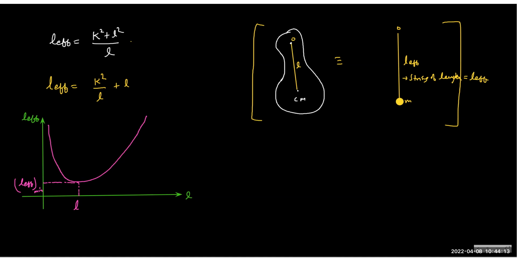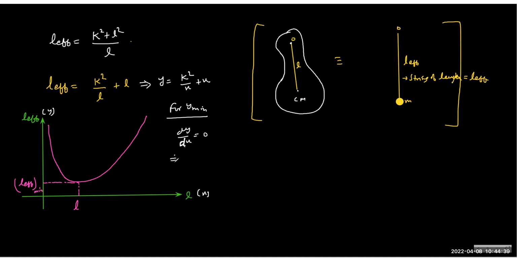To find the L effective minimum, you can think this way. Let's say this is X and this is Y. So this equation we can convert into Y equals K square by X plus X. And we know for Y minimum, we can use the calculus dy by dx equals 0.